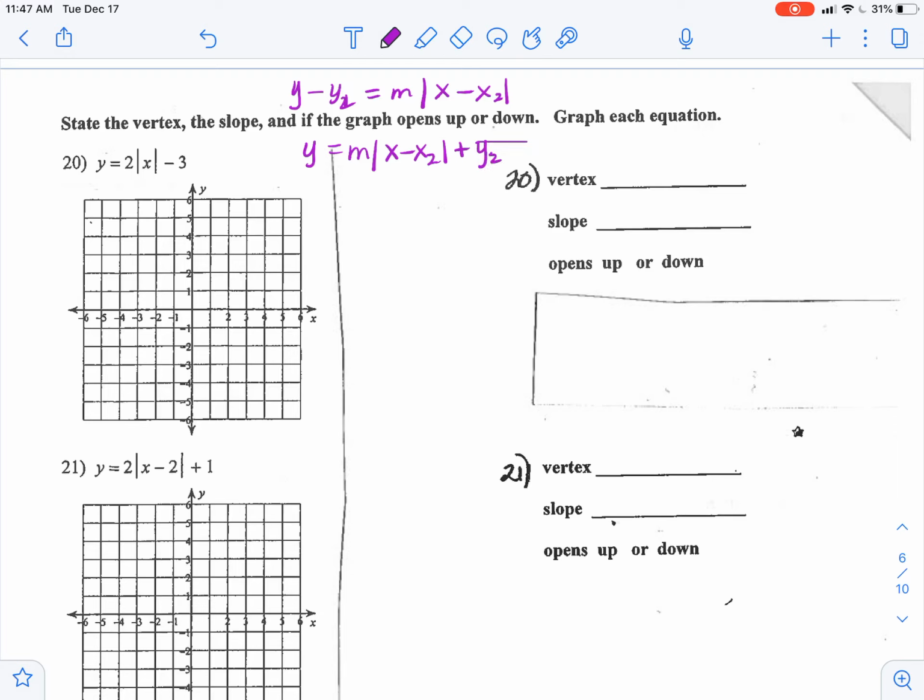I'll put a 2 there. We move that y over to the other side. So don't forget what I told you about the fact that that one has a minus in front of it and this one has a plus in front of it. You are going to give me the vertex that you can read directly from your equation, graph that, determine the slope also from your equation, and then does it open up or down? Remember how we talked about finding whether it opens up or down, and you can just circle up or down.